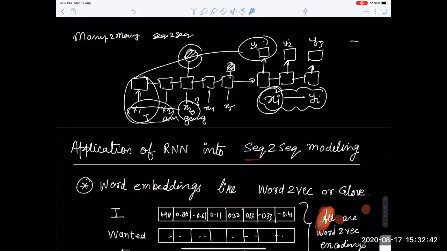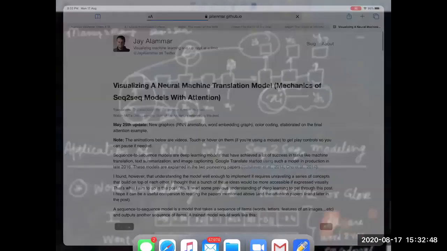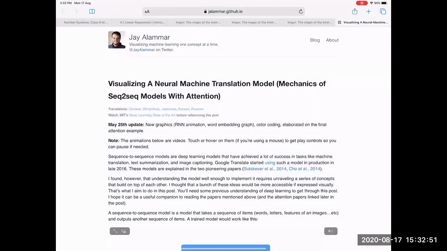Let us see, and I'm going to use a very specific blog for this, and directly from there I'm going to teach. This guy, Jay Alammar, has written very well, and he has worked very hard to make all these things visually possible. So that's why I'm using it, and with this visual blog, you all can probably understand very easily. Let us see.